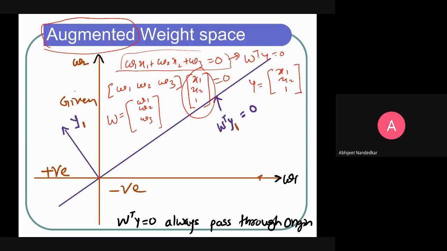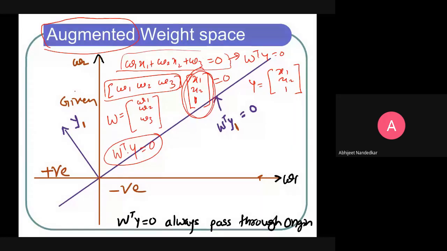So what I did is I'm collecting the weights and making a vector. Then I collected x1, x2 and this 1 associated with w3, and then I make W transpose y equal to 0 as the new equation. So it is just an adjustment. There is nothing special here.